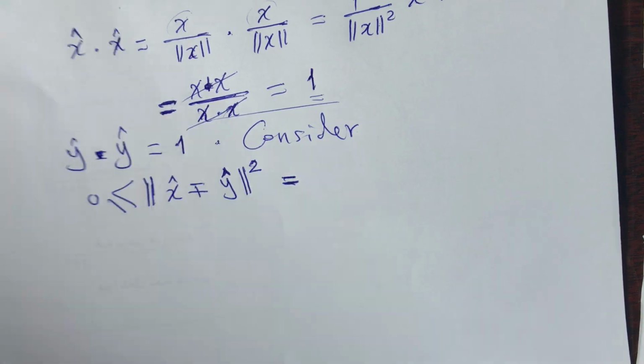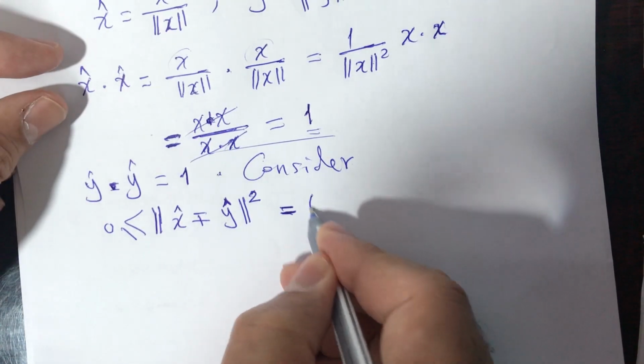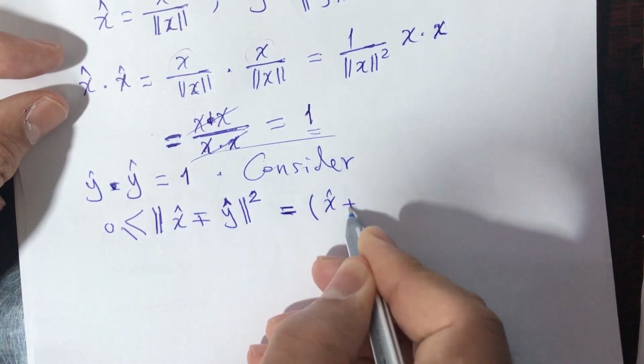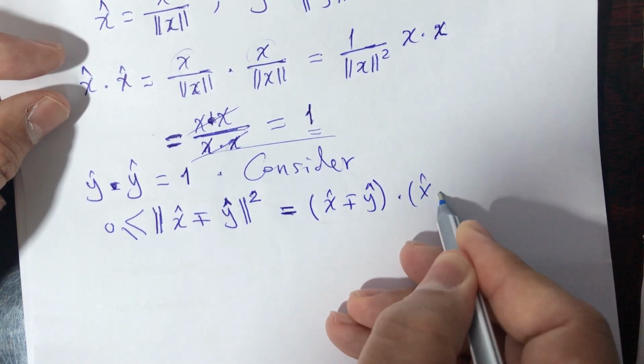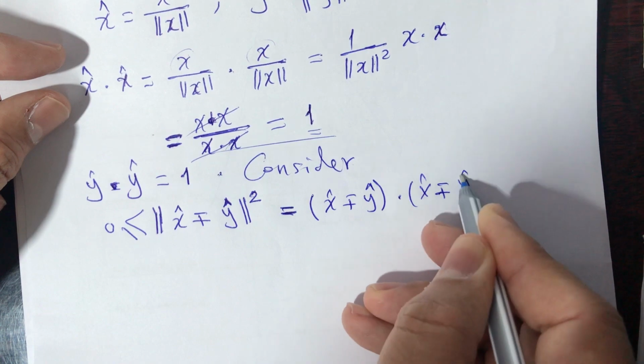Coming back here, if this is squared, that means this is the same vector: x hat plus or minus y hat dot x hat plus or minus y hat.